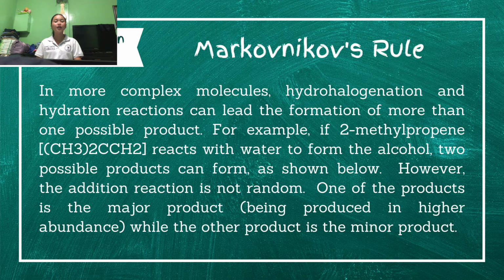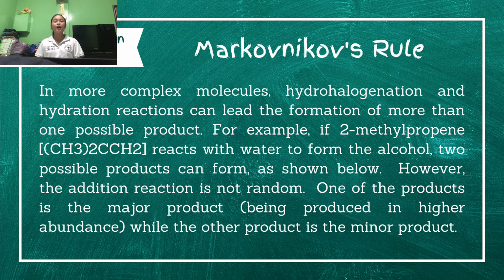Example of hydration of 2-methylpropene. Let's take 2-methylpropene reacting with water. Two possible alcohols can form. According to Markovnikov's rule, the negative OH group attaches to the more substituted carbon, the one with fewer hydrogen atoms, leading to the major product.